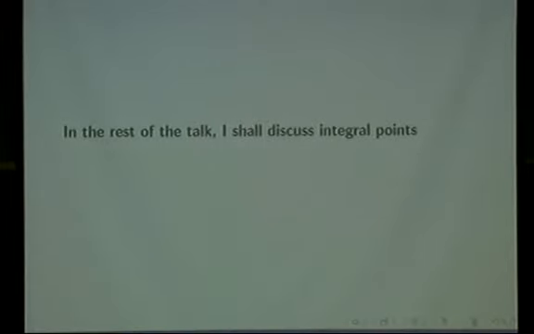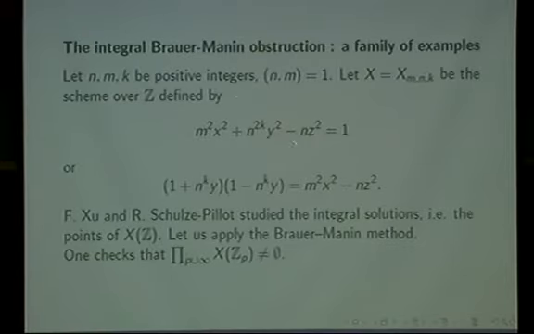Okay. Now, I'll say a few words about integral points, but anyway, I think rational points I wanted to cover anyway. So look at the integral Brauer-Manin obstruction, which I defined at the beginning. I look at a very concrete family of examples. So these two people, Xu and Schulze-Pillot, they produced it; in fact, I was at a conference in China a couple of years ago, and Xu was giving a talk on this, so I said, oh, well, that's interesting.